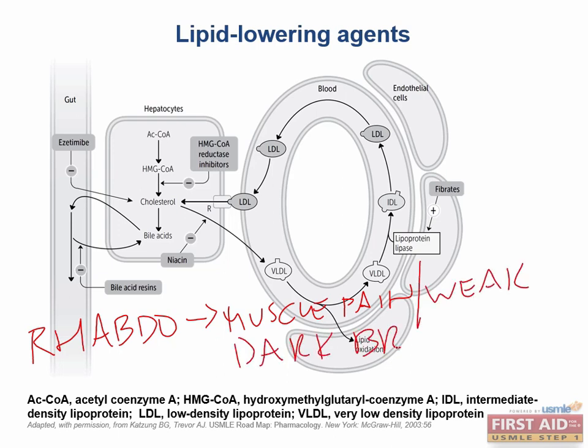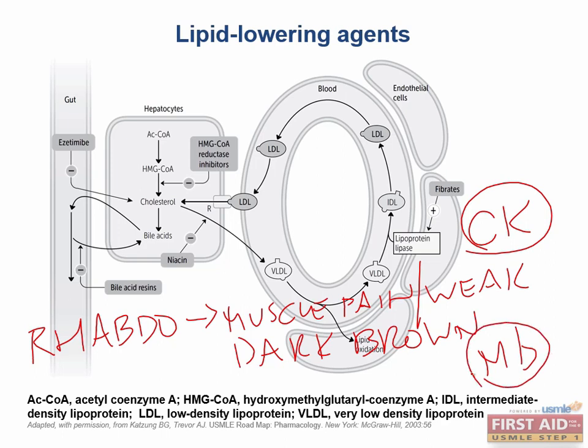They might even be nice to you and give you a urine analysis that's positive for myoglobin, or elevated serum levels of creatine kinase. This is all due to muscle breakdown liberating these enzymes. But don't count on that. That's way too easy. Be on the lookout for someone on a statin or niacin or fibrate with muscle pain and weakness with dark brown urine.